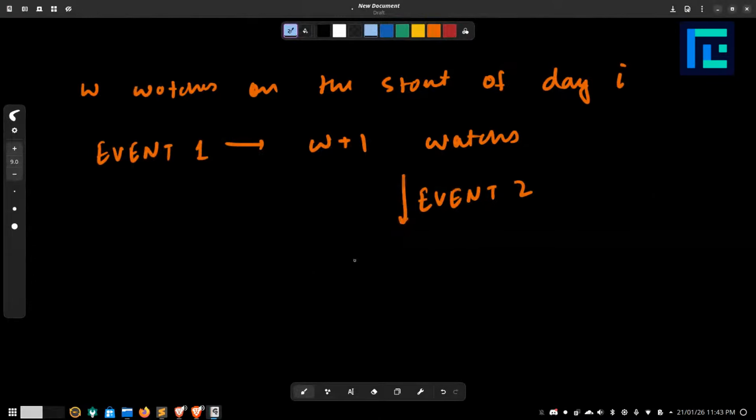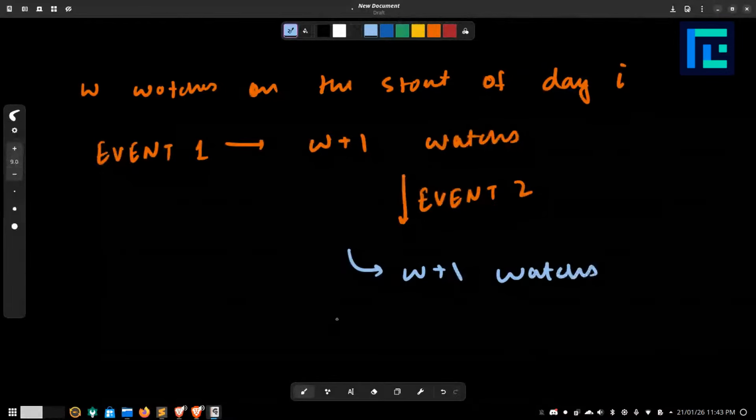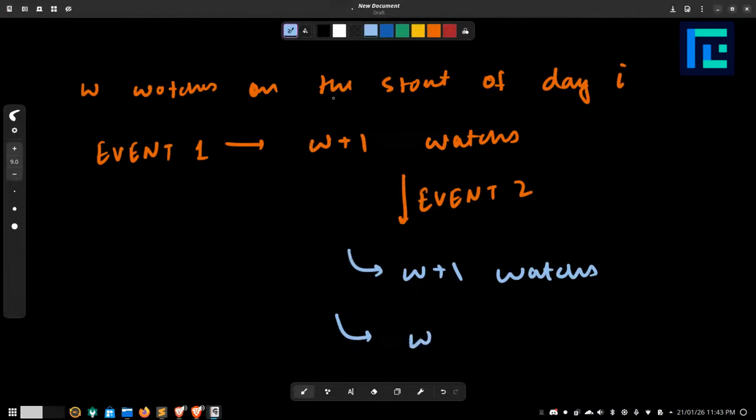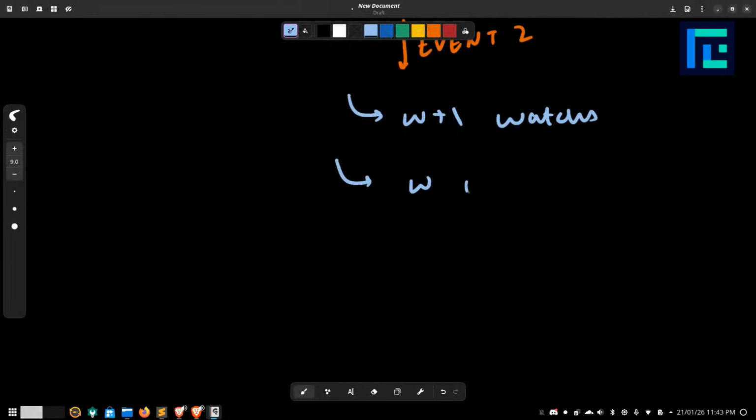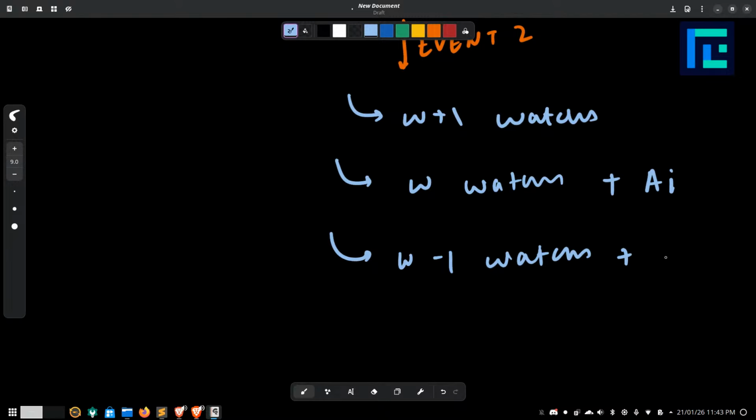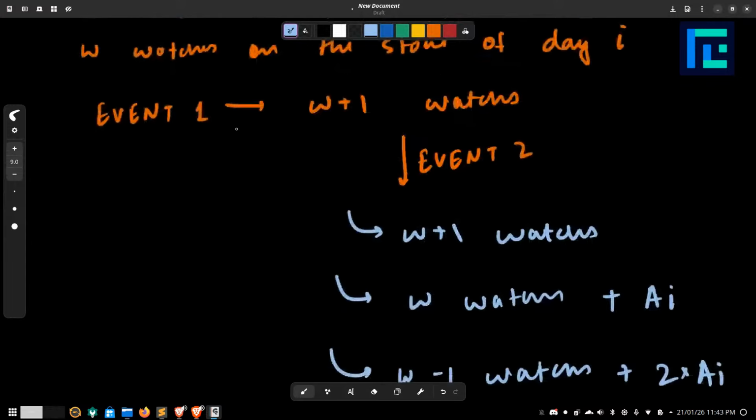Either I choose to not sell any watch, in which case I will still have W plus 1 watches. In the case where I sell one watch, I will have W watches. And in the case where I sell two watches, I will have W minus 1 watches. In one case I will have A_i coins extra, and in the other I will have 2 times A_i coins extra.